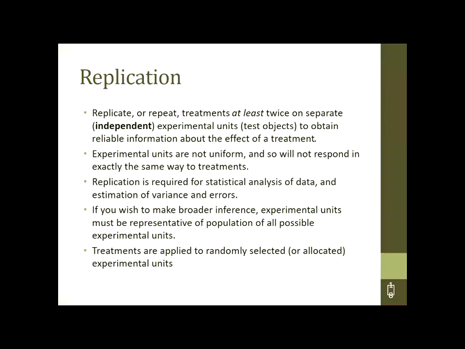So we need to have experimental units that are independent of one another, that the treatment is applied to at least twice. We could have more than 2 replicates, we could have 10, 20, or any number you want, but it's usually limited by resources.